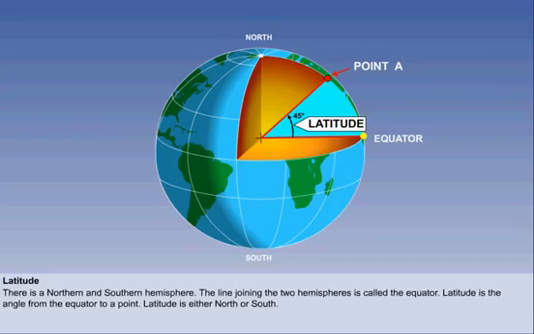Since latitude is an angle, it is measured in degrees. For more accuracy, degrees can be subdivided into 60 minutes. The convention of expressing latitude is to use degrees and minutes. In our example, 45 degrees would be referred to as 45 degrees 0 minutes, and written as N4500.